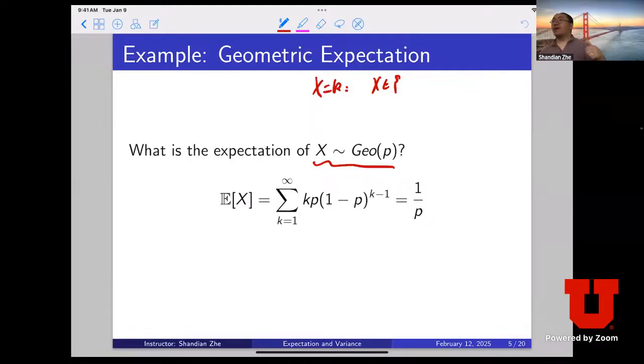The first success might be in the first trial, second trial, or third trial, and it could be as large as possible. And the probability that X takes any positive integer value K is what? How do we calculate its probability?